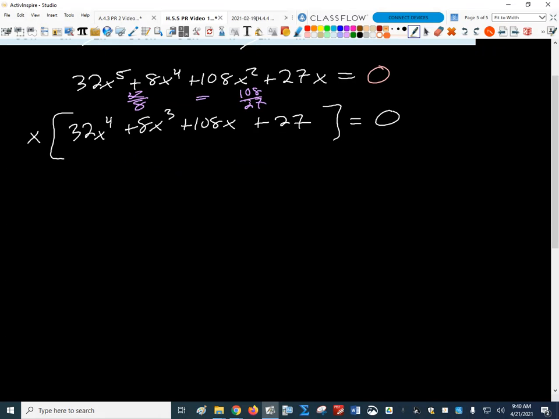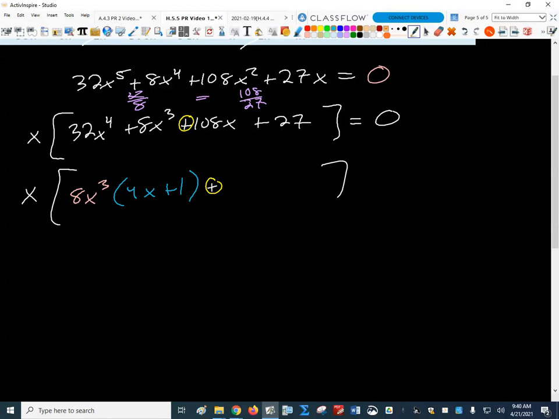So then we end up with x, and inside the brackets here, in my first group, what am I doing? You talk me through it. I'll just shut up. You guys tell me what to do. 8x cubed. Okay, there's my GCF. And what's that leaving me with? Okay, good.